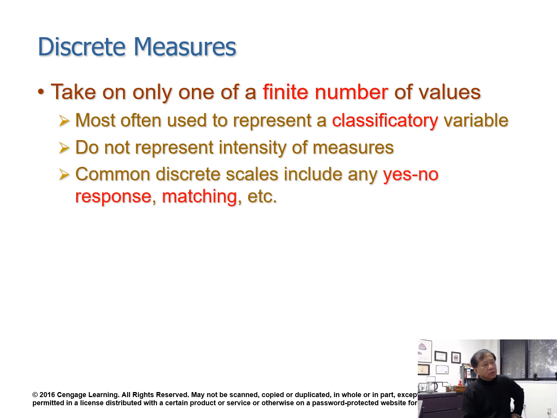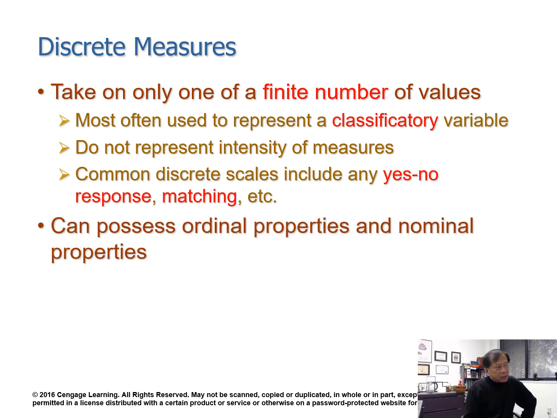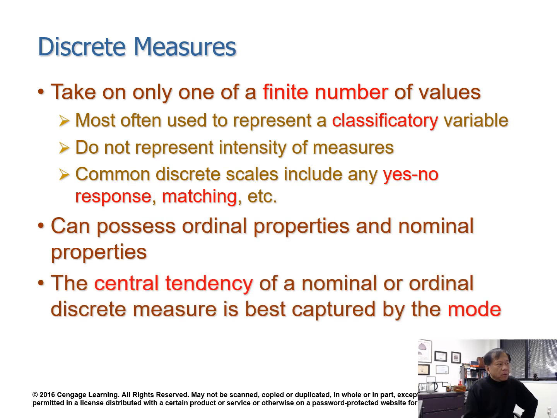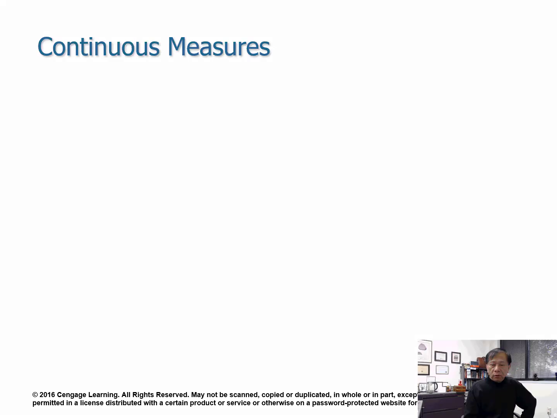Common discrete scales include any yes/no question response, or matching, etc. It can possess ordinal properties and nominal properties. The central tendency of a nominal or ordinal discrete measure is best captured by the mode. The mode, right?